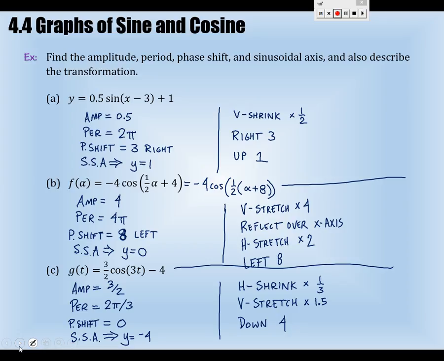Though, if you want to be tricky, you are correct in saying that this is a shift to the left by 4, followed by a horizontal stretch by 2. And technically that is correct if you do it in that order. But I'm just saying, from taking geometry, our transformations are not commutative, right?